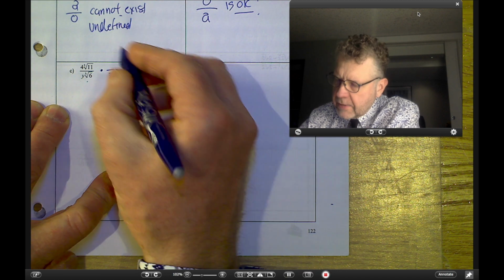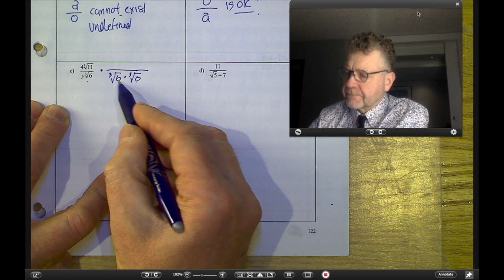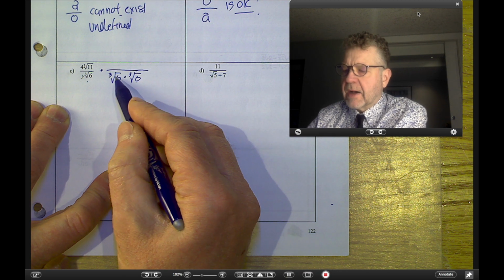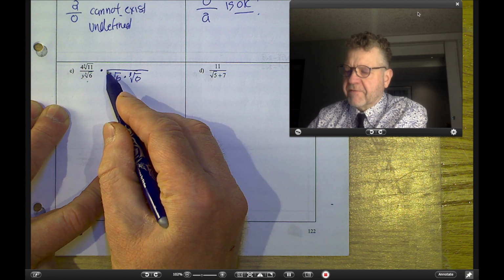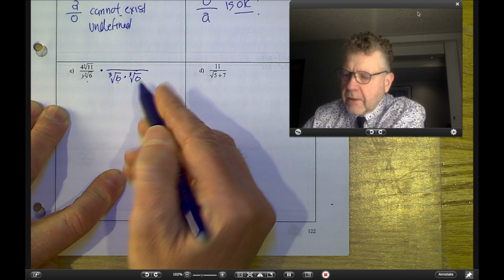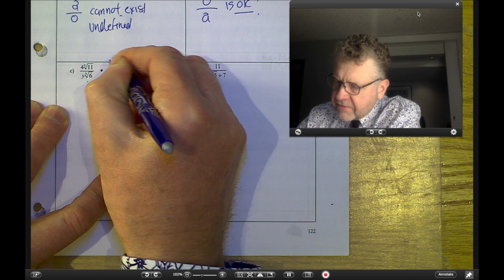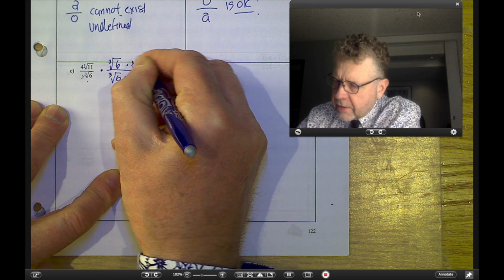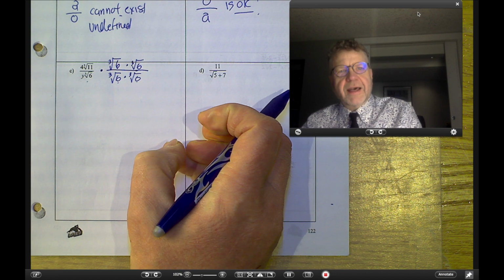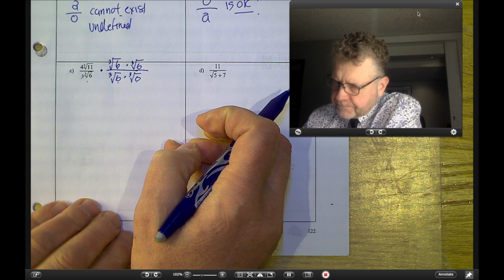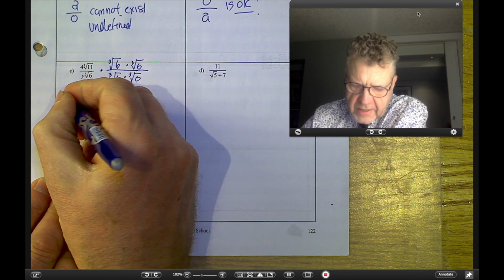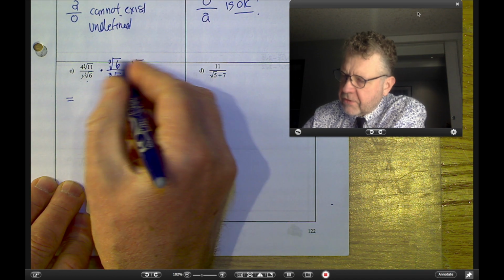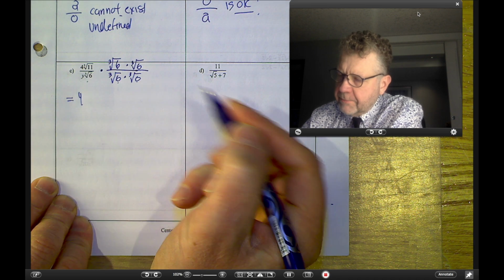Now, if I multiply it by a fraction with this in the denominator, that also has to be in the numerator. So it's going to look like that. Okay. Well, let's see what we got now. We've got 4. There's no coefficient, so the 4 is going to stay.